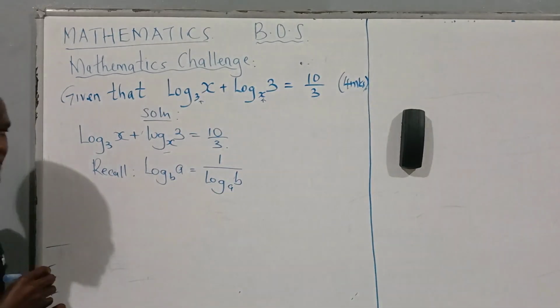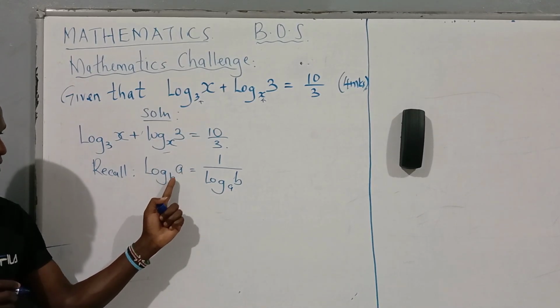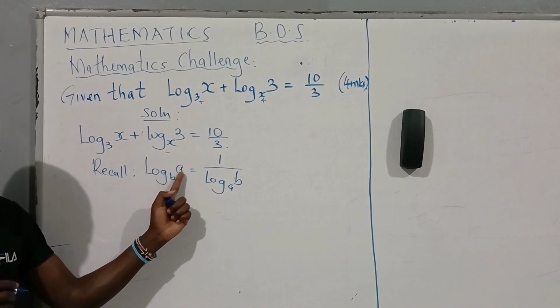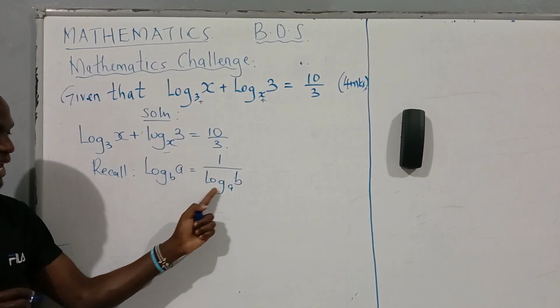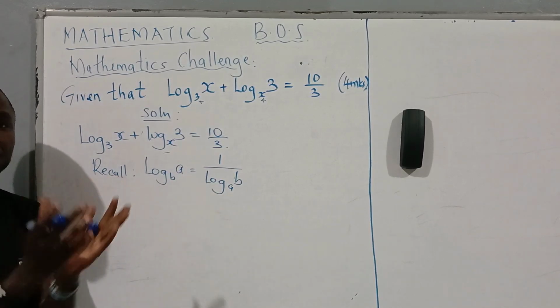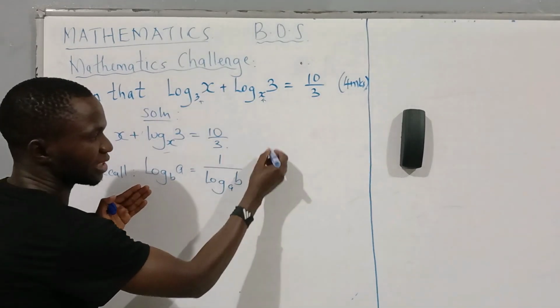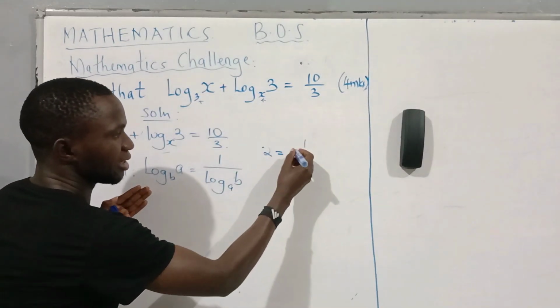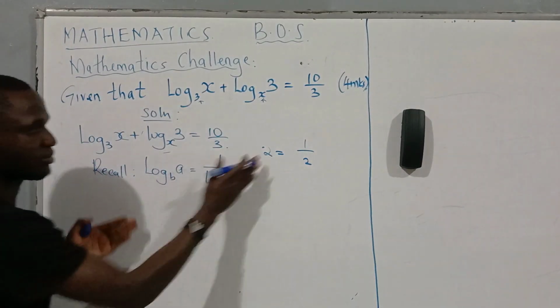What has happened here? The base has changed. So what I have done here is just the reciprocal. If you want to find the reciprocal of a number, it's 1 over that number. That's the same thing I have done here.